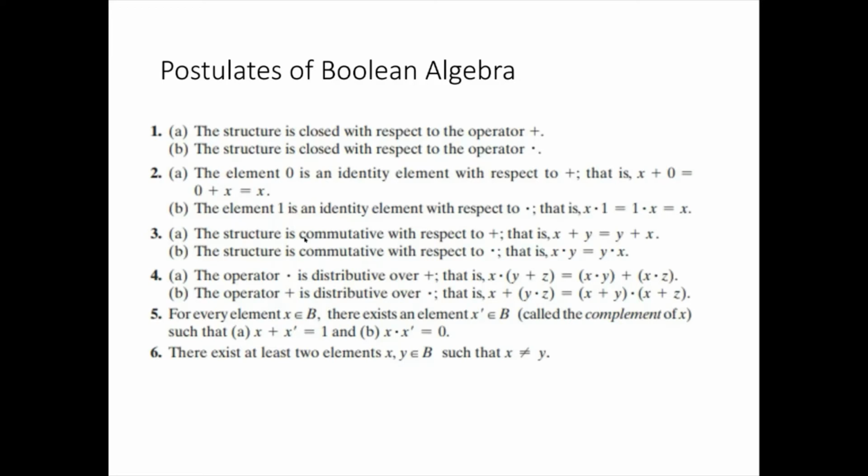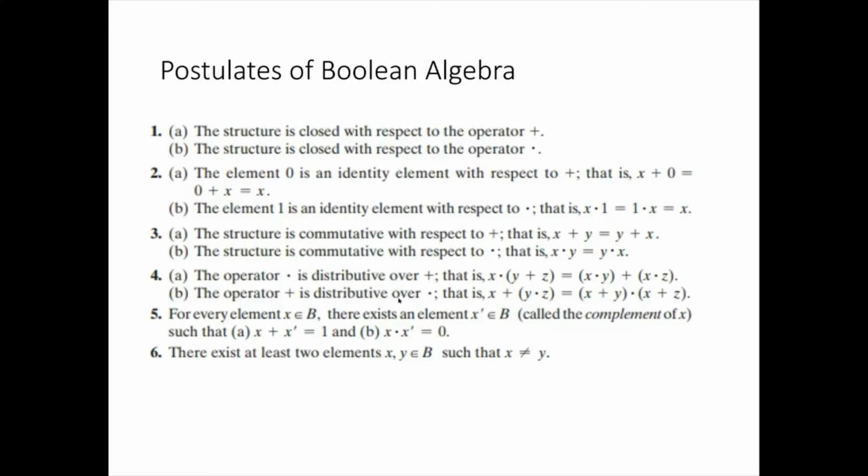And it's commutative with respect to OR, and it's also commutative with respect to our AND operation. All right, and it's also distributed over OR and distributed over, I'm sorry, the AND operator is distributed over OR, and the OR operation is distributed over the AND. Okay, this gives you an idea of how you can break it up.